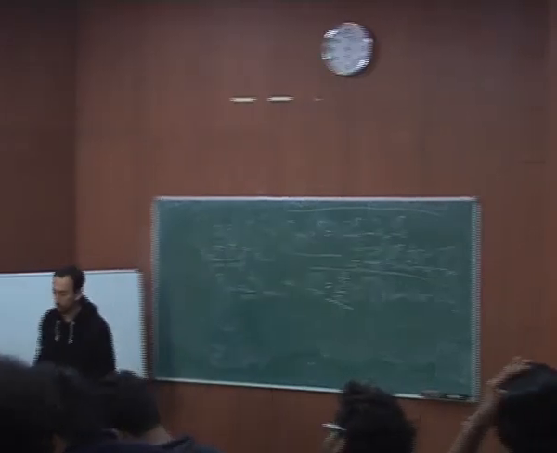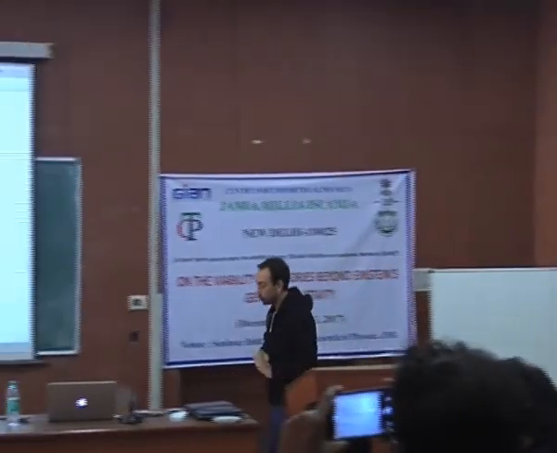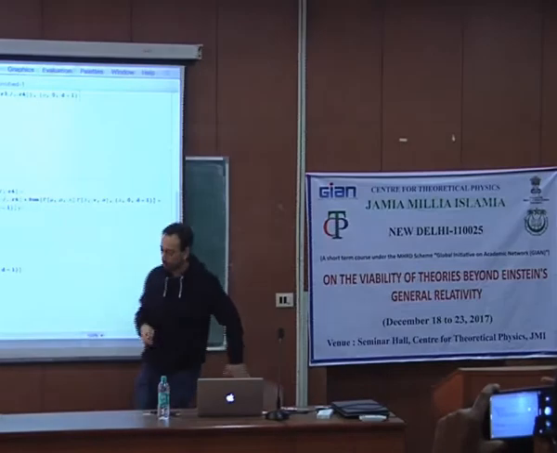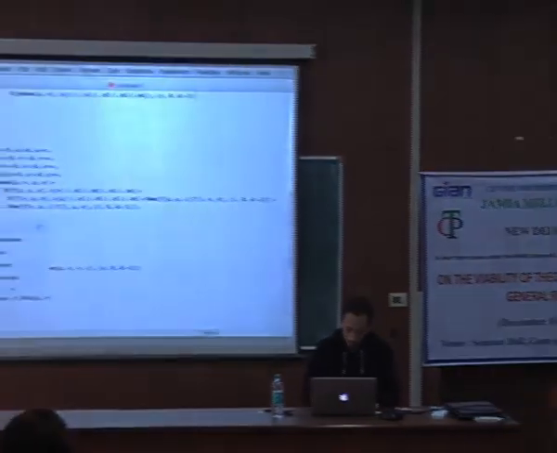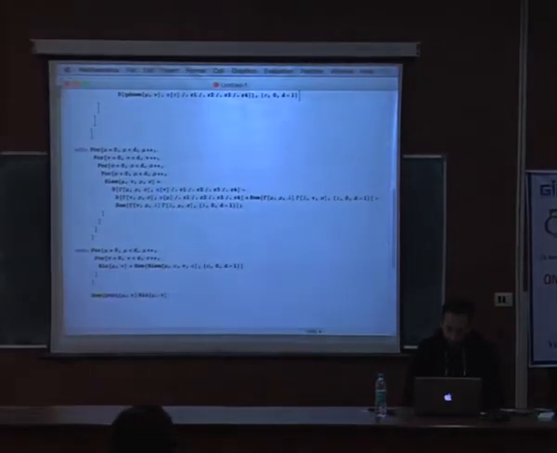So you take G up, Ricci mu nu, and you make a double summation on both indices from 0 to D minus 1.